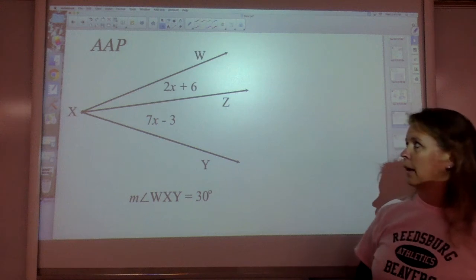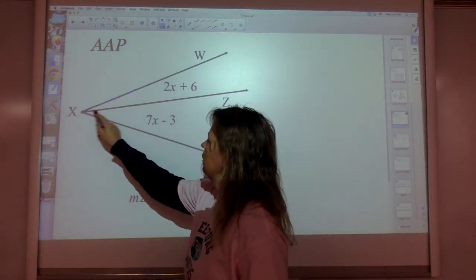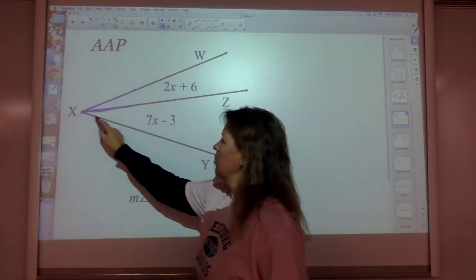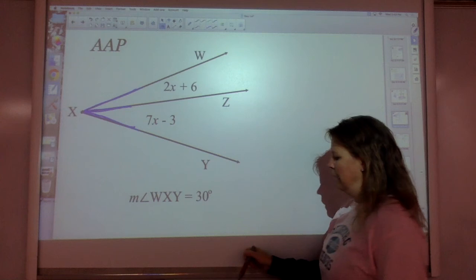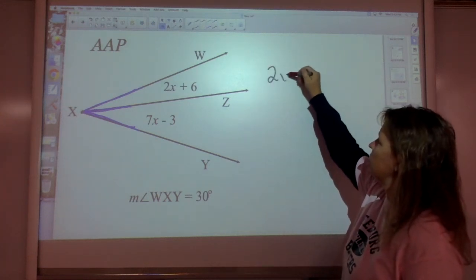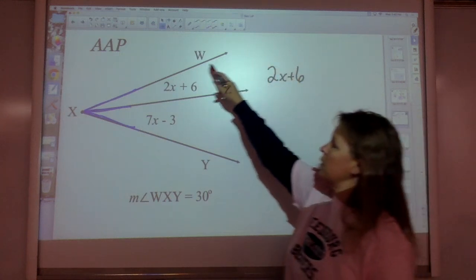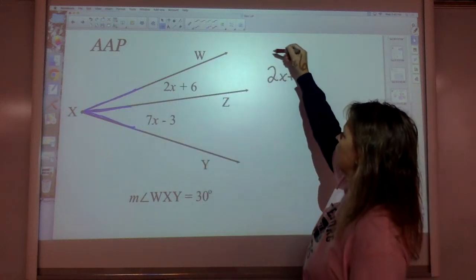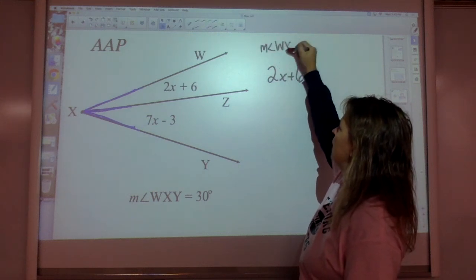All right, you're back. Angle addition postulate says if you take this little angle and add it to this a little bit larger angle, you will get one great big angle. How would we do that mathematically, algebraically? We would take 2x plus 6, angle WXZ, and I'm going to put that up here, the measure of angle WXZ.